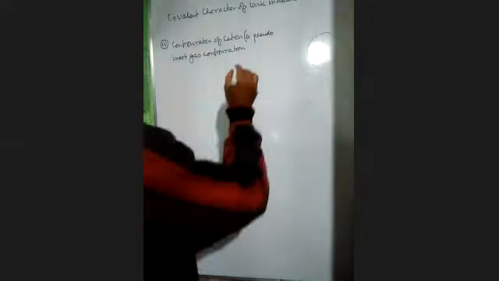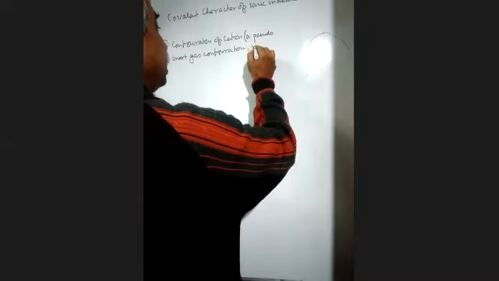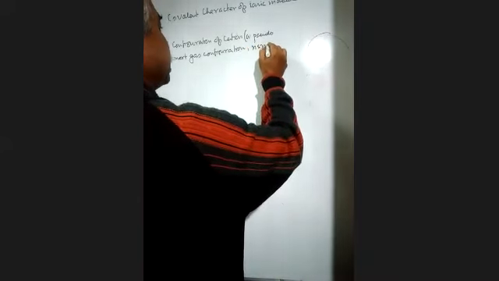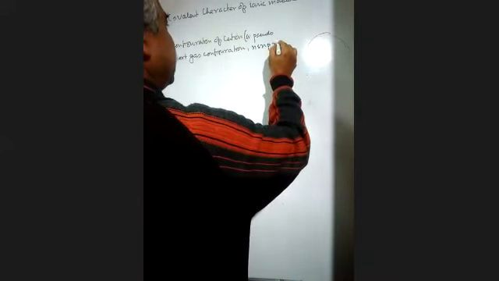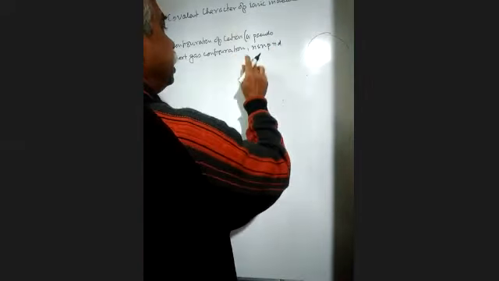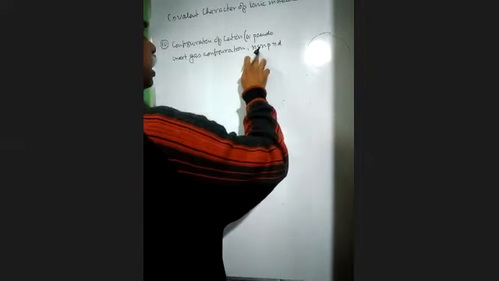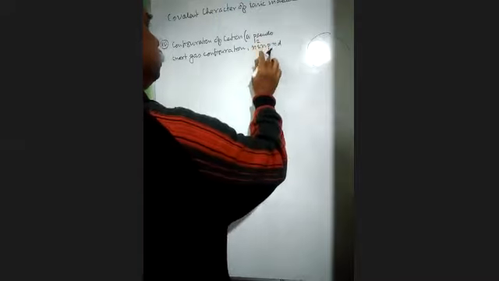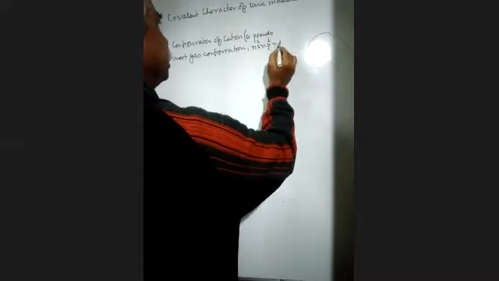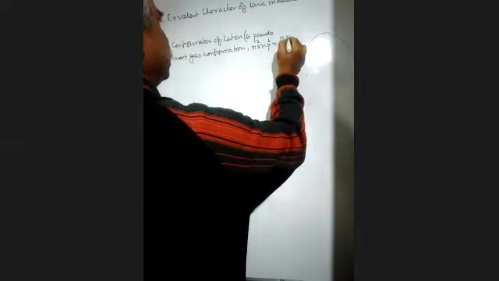Now, what is pseudo inert gas configuration? Where you find s, p, and d orbitals all filled up. What is the maximum number of electrons on s? 2. p, 6. d, 10.